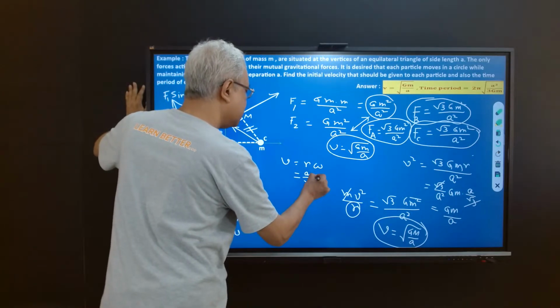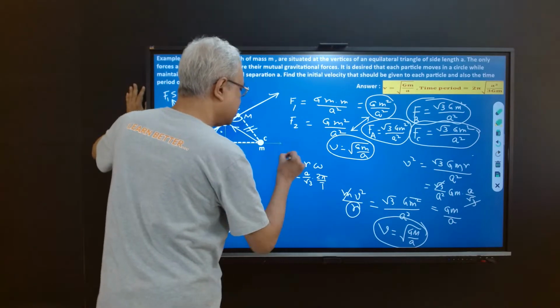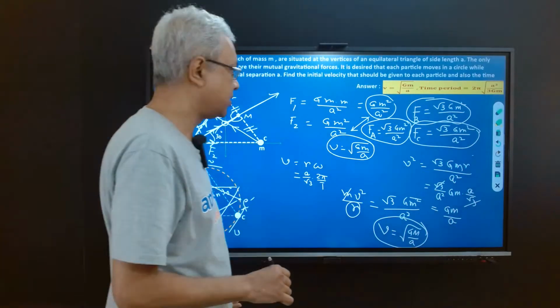And omega is always 2 pi by T, where T is the time of revolution in circular motion.